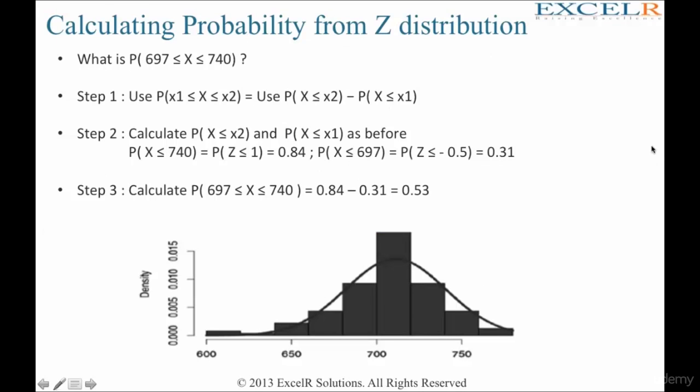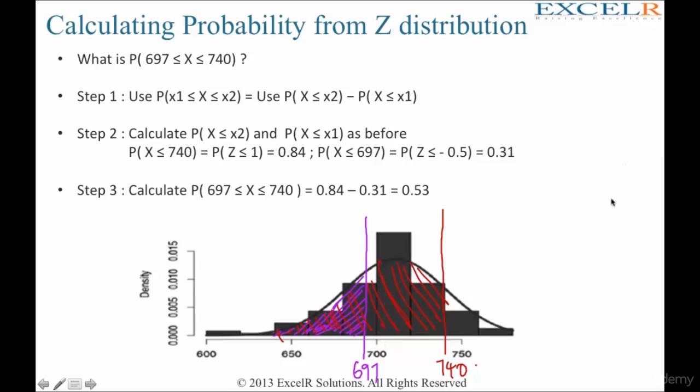But as we've already discussed, whenever we calculate using that standard table in a standard way, it will calculate the probability towards the left of 697, the complete region towards the left. And when we have calculated it for 740, it has calculated the complete region towards the left once again. This region, complete left.